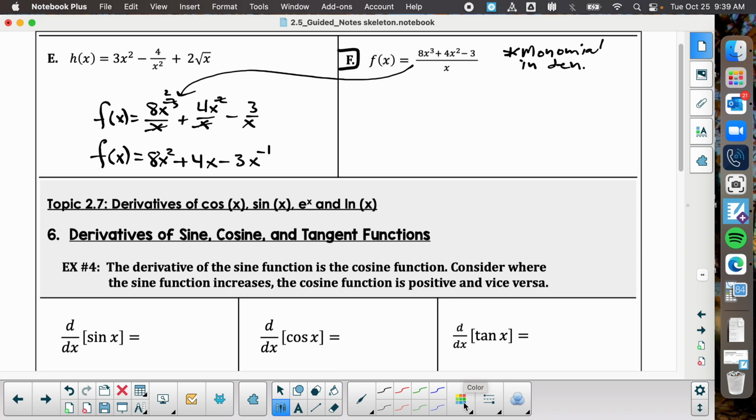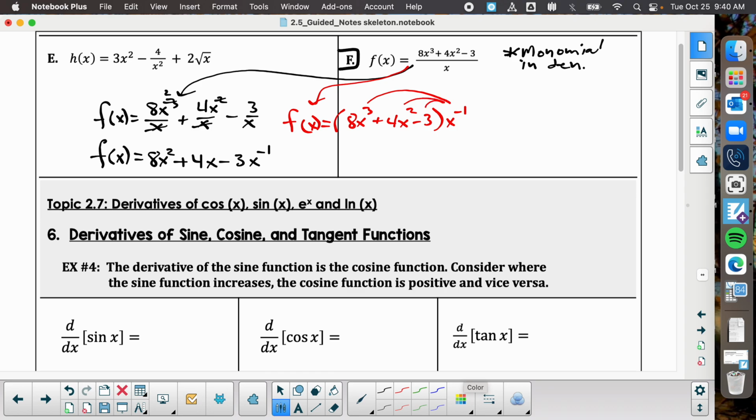Okay, second method. This one's actually a pretty common one over the years. I think that may be because they must show this in pre-calc or something. But the second method that I've seen quite a few students use is to bring the denominator up to the top and multiply it out, so distribute it.